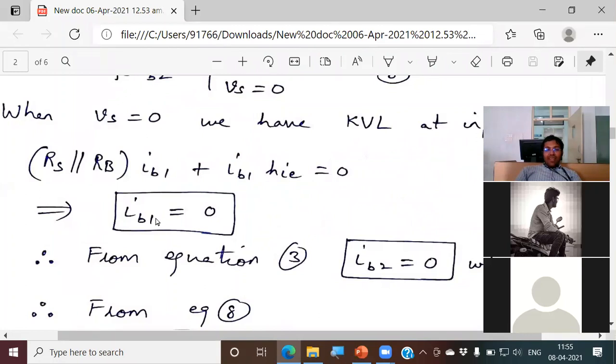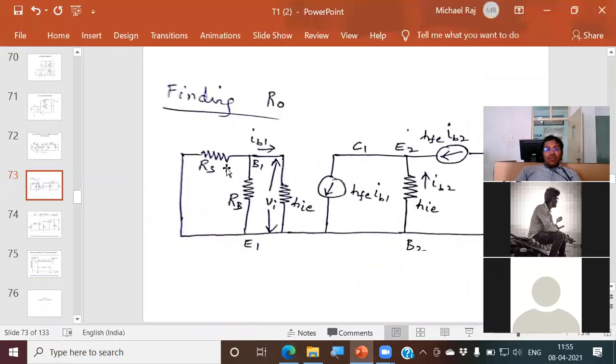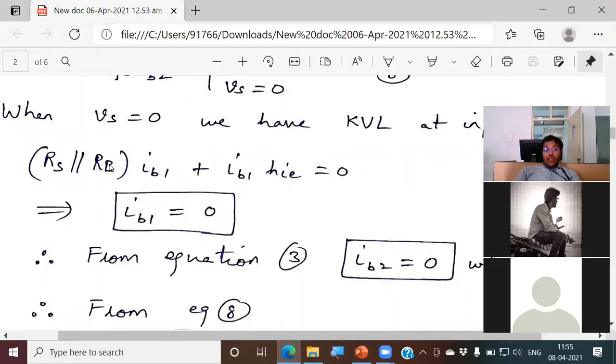I take IB1 common: IB1 into RS parallel RB plus HIE equals 0. We know that the resistances are not 0. If the resistances are 0, then you end up damaging the transistor. So resistances are not 0, so obviously IB1 has to be 0, right?